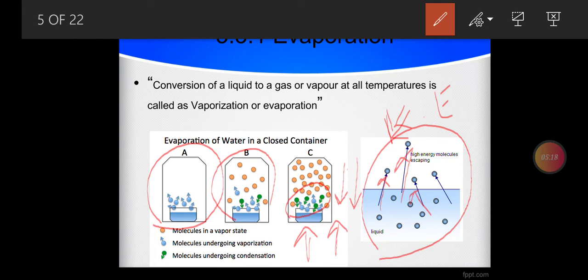So evaporation and condensation are two physical processes going side by side. Evaporation is the conversion of molecules of high kinetic energy from the surface of the liquid to gaseous state, whereas as soon as those molecules cool down with the lowering of the temperature, they start condensing back to the liquid state. That process is called condensation.